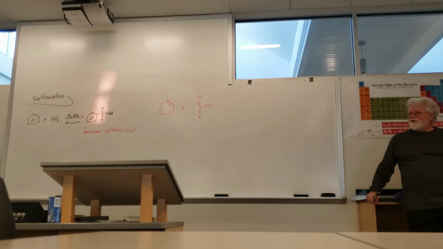It's not positively charged, like the other electrophiles that we've seen. It's not an ion. However, it is a sulfur surrounded by 3 highly electronegative oxygen atoms. So we can envision a significant partial positive charge on the sulfur.